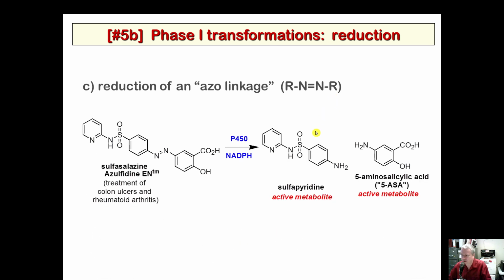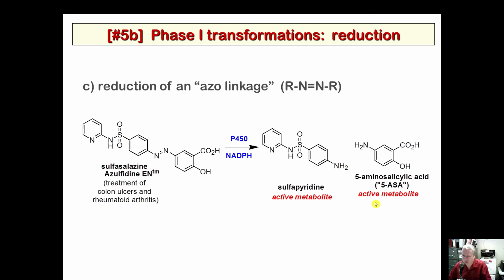A cool example of this is sulfasalazine. It's a colon ulcer and rheumatoid arthritis drug, and it actually has almost like two drugs built into it, a left drug and a right drug. It's delivered orally, and then it is broken down into the left piece and the right piece, so there's an arthritis drug.